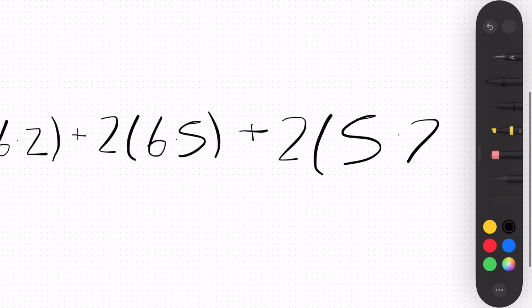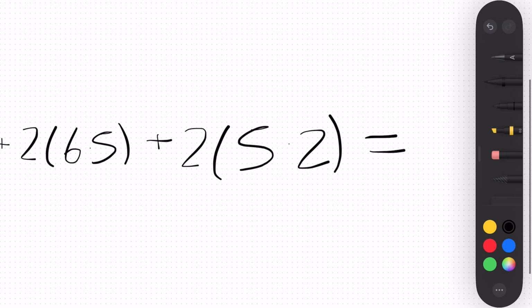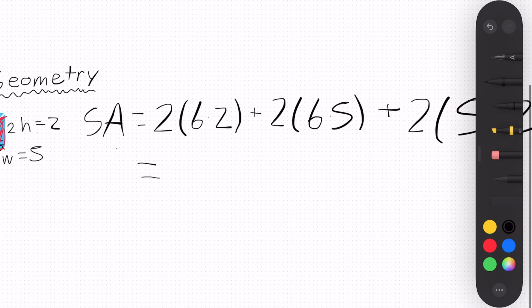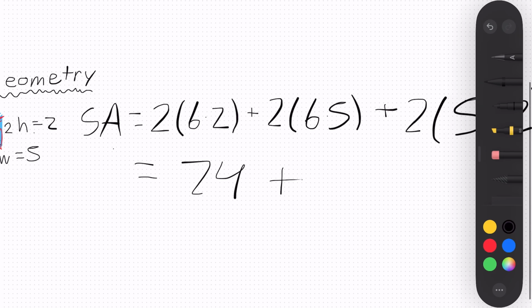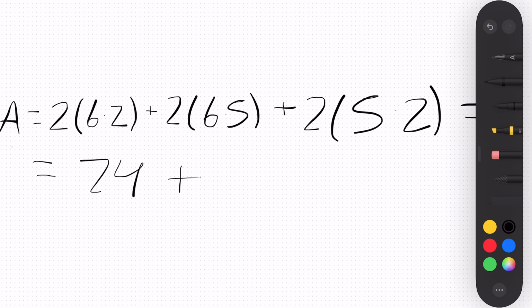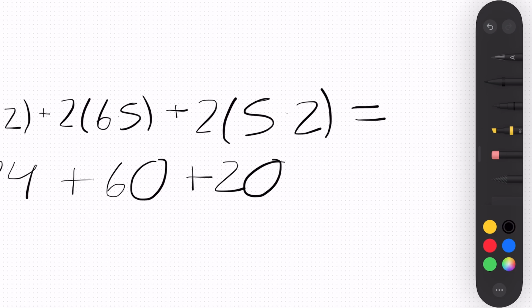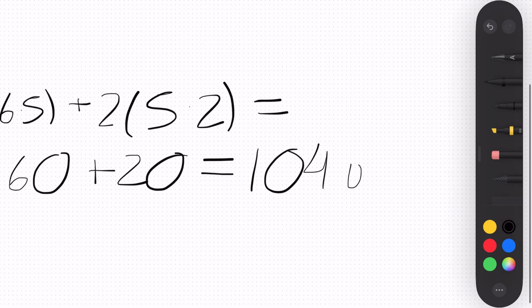And this will give us 24, sorry. 2 times 12 is 24. 2 times 30 is 60. And 2 times 10 is 20. So if we add all this, we will get 104 units squared.